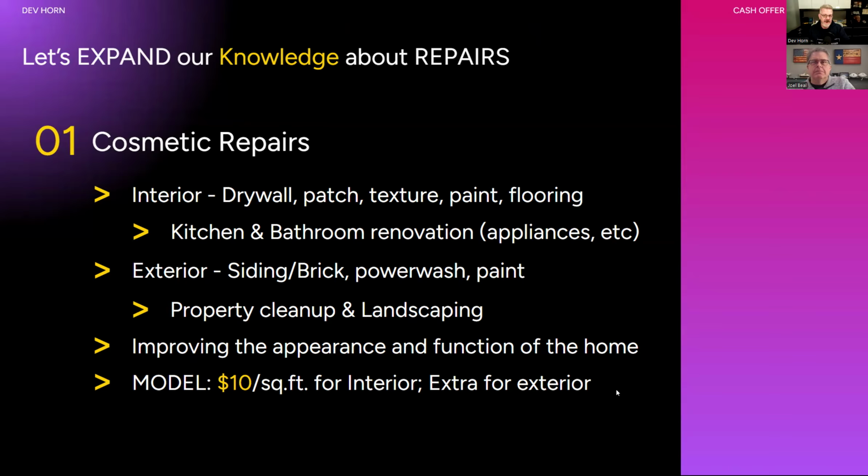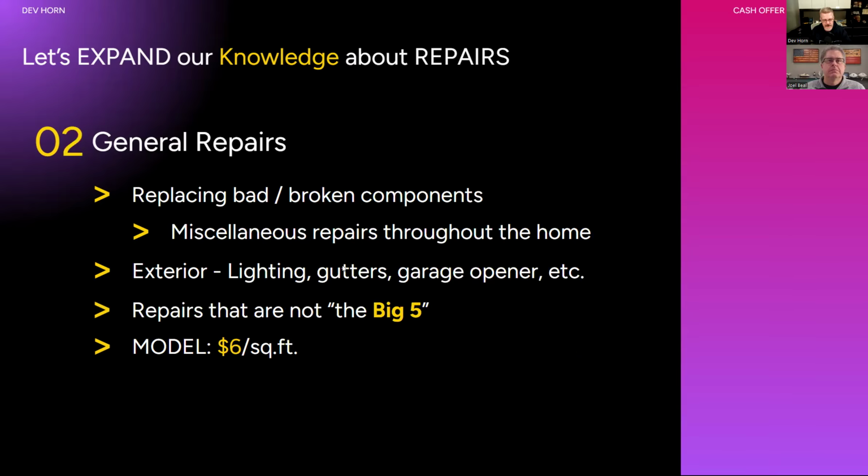But as you guys will notice sometimes when I'm looking at houses, I'll give it a one if it's all interior. I might give it a 1.5 or even a two if I see a lot of exterior cosmetic that needs to be done. So my model assumes we're fixing the outside's okay and we're fixing up the inside. If that's not the case, I have to go above one on my variable in that spreadsheet.